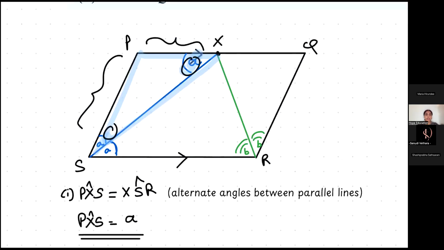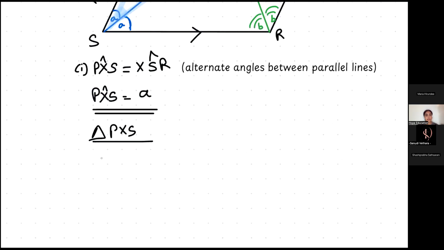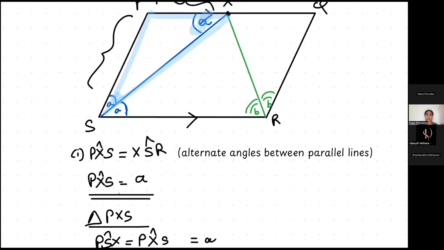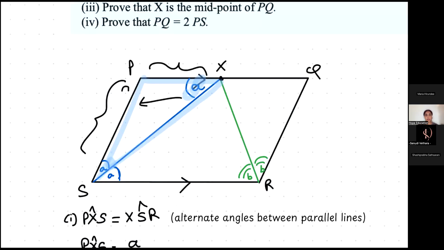They are both simple A, ne? PSX equals PXS, and they're both equal to A. Therefore, in a triangle, when two angles are equal, the sides opposite to them are also equal. මෙයාට opposite side එක මෙයා and මෙයාට opposite side එක මෙයා. එහෙනම් this PS side and PX side are therefore equal.